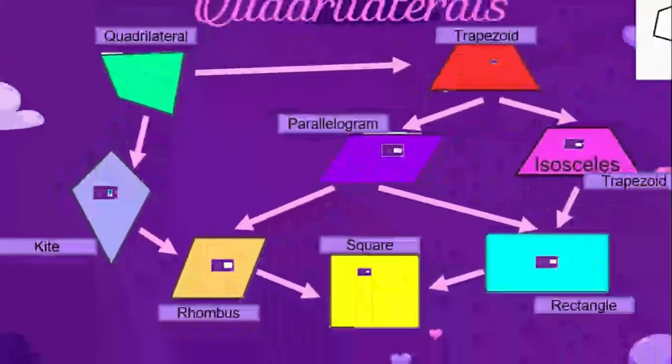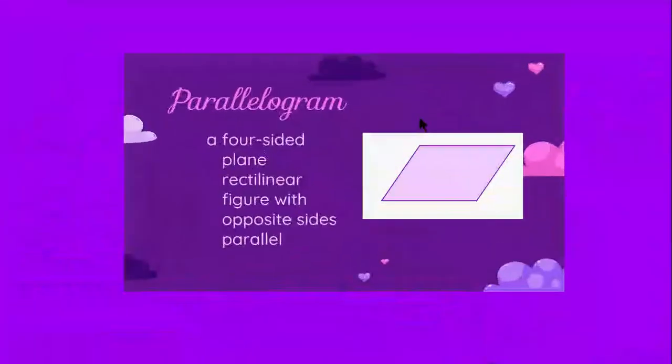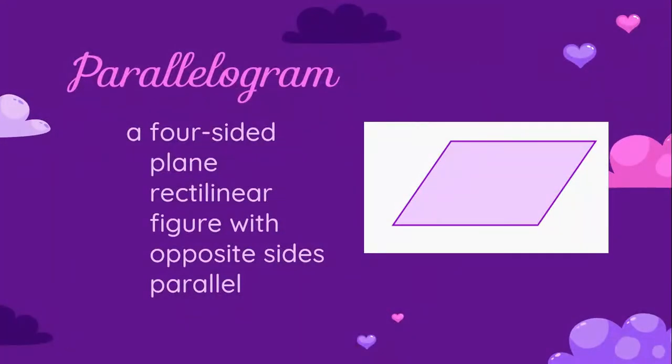Okay, so let's go to the first kind of trapezoid, which is the parallelogram. This is the most common kind of quadrilateral of all. A parallelogram is a four-sided plane rectilinear figure with opposite sides parallel.